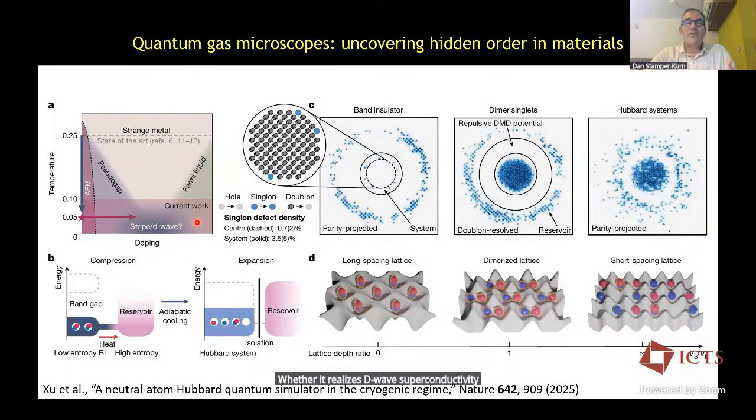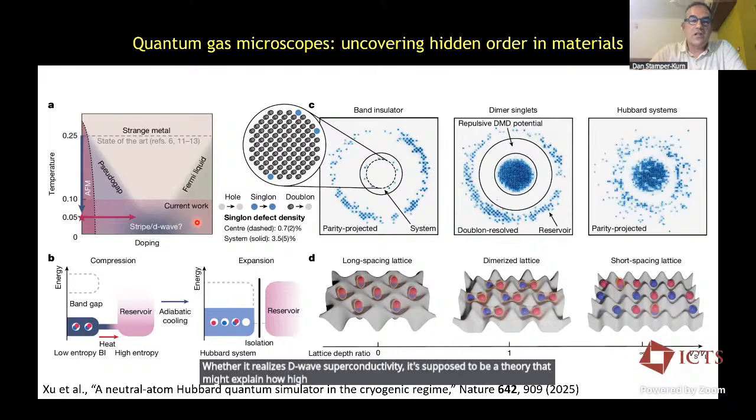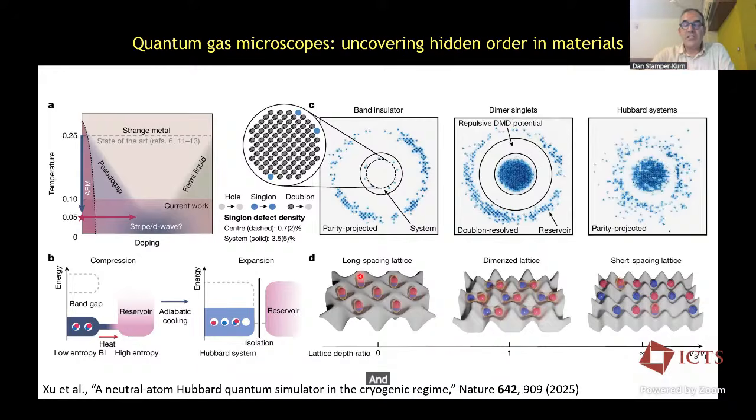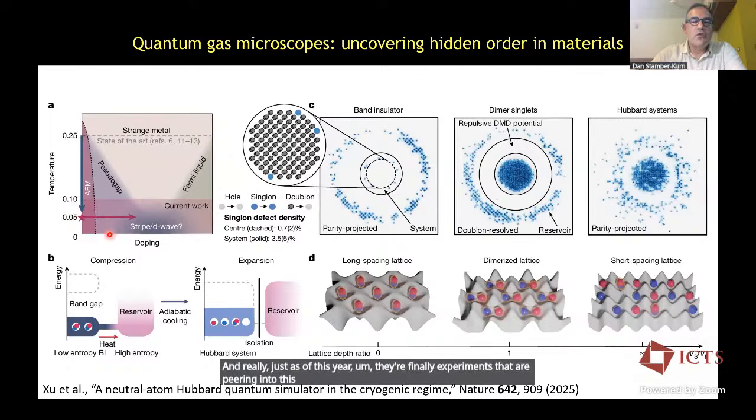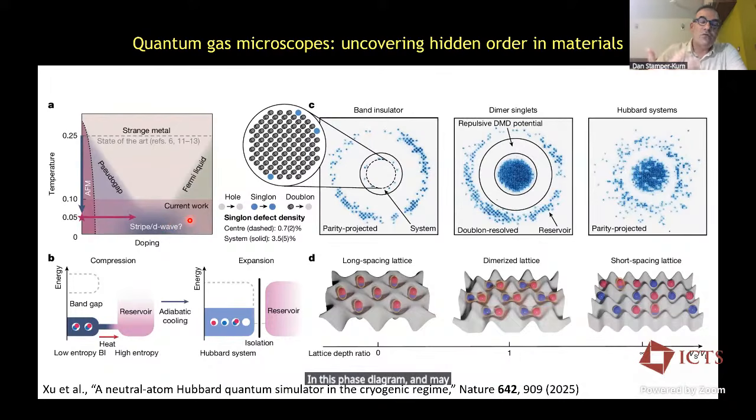It's supposed to be a theory that might explain how high-Tc superconductors work. And really, just as of this year, there are finally experiments that are peering into this very low temperature, low entropy region in this phase diagram and may very soon give us this long-awaited answer of whether the Fermi-Hubbard model supports superconductivity. So that's really super exciting.